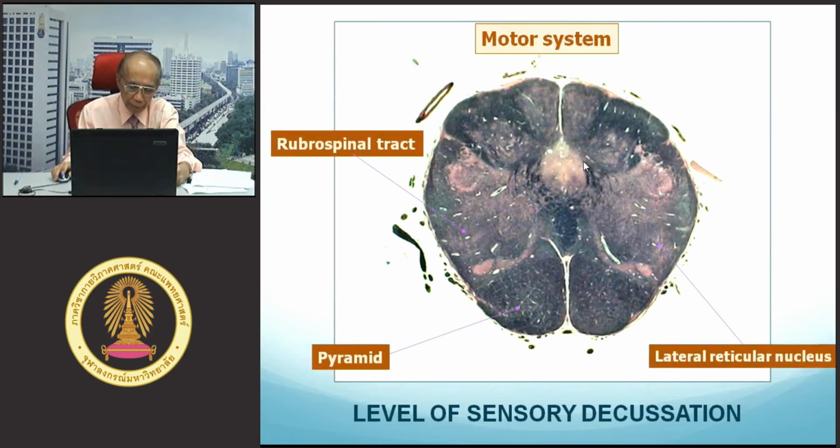The motor system includes the pyramid, rubrospinal tract, and lateral reticular nucleus, which is a part of the extrapyramidal system.